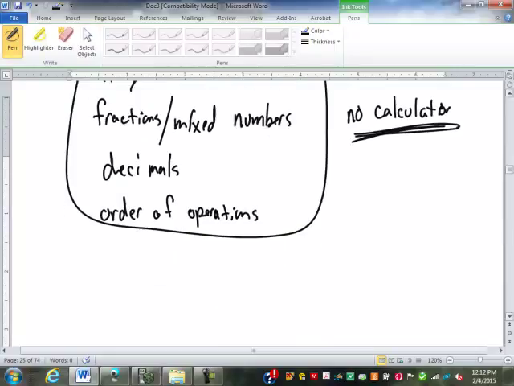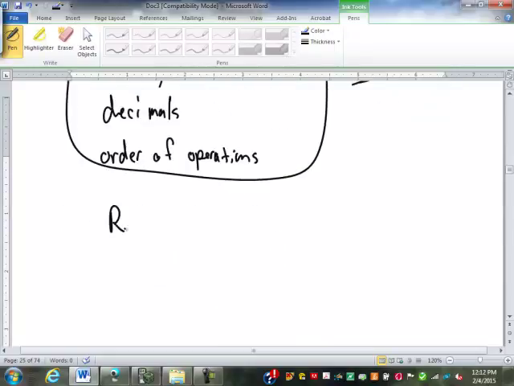Beyond that, there will be rounding. You'll round to the nearest hundredth versus the nearest hundred, the nearest 10. We'll be working with percents. Converting Roman numerals.